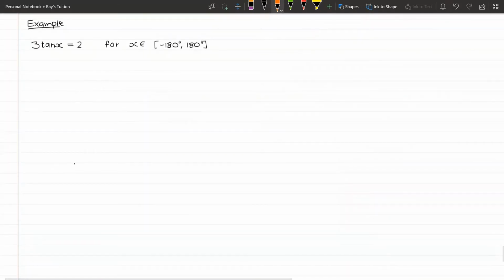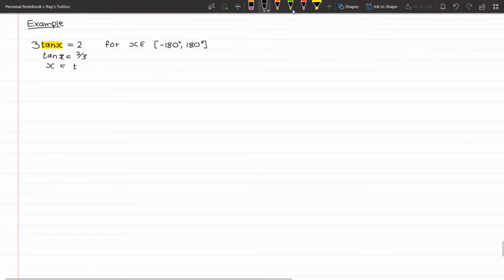So here we have that 3 tan x is equal to 2. The first step is to make the ratio the subject of the equation and find the reference angle. So we have tan x is equal to 2 over 3, and then we use the inverse function to solve for x.